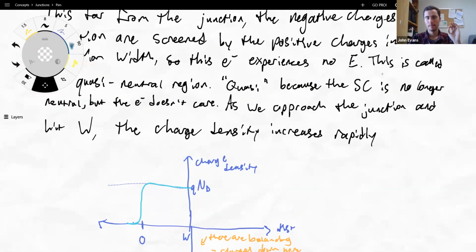Once we hit the depletion width, W, all of a sudden things change very quickly. Remember, in that width, basically everything is ionized, which means that the charge density increases very rapidly. So you can approximate it that outside of W, nothing is ionized. And inside of W, everything is ionized. So the charge density is almost a step function.